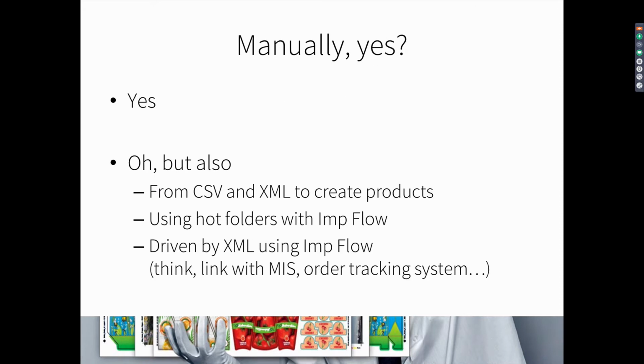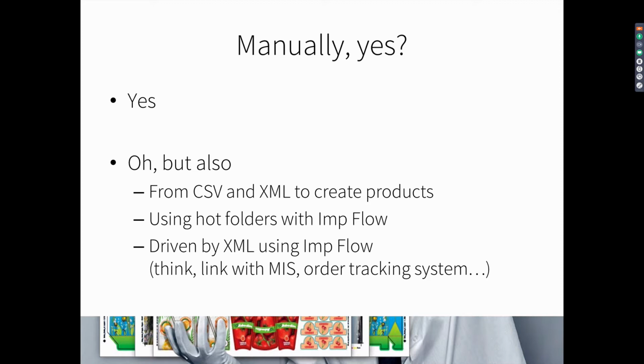And it does all of these things in a manual fashion, and that is what the application Imp does. But there is also a possibility to work semi-automatic by defining jobs that need to be put in imposition in CSV files or XML files that are opened in the application, or by using Imp Flow, which is a separate application that uses hot folders.